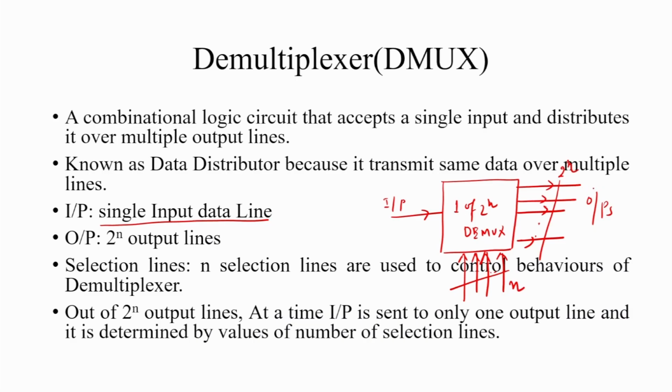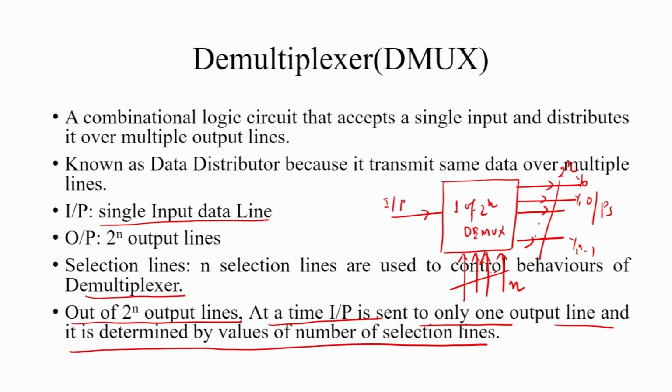There are a maximum of 2 to the power n outputs starting from Y0, Y1, similarly up to Y to the power n minus 1. Selection lines are used to control the behavior of the demultiplexer, and out of 2 to the power n output lines, at a time the input is sent to only one output line, determined by the values of the selection lines.